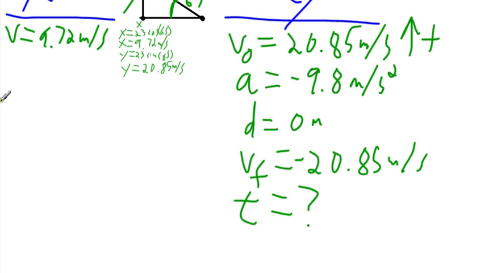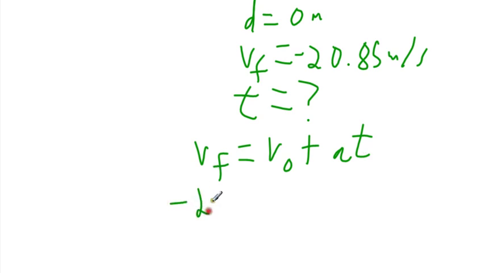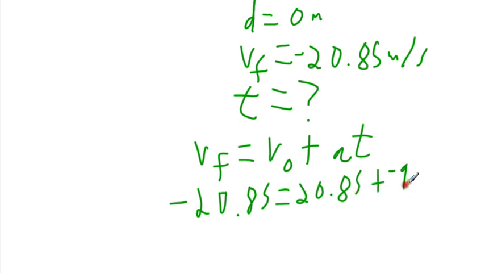And we can just use VF is equal to V naught plus A T. And we have negative 20.85 is equal to 20.85 plus negative 9.8 times time. And when you work this out, you should get time is equal to 4.3 seconds.